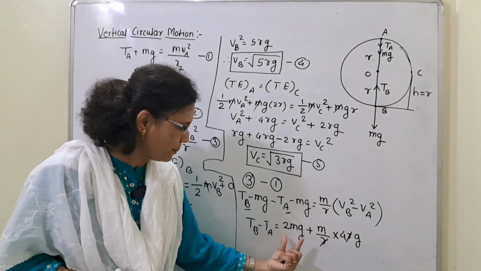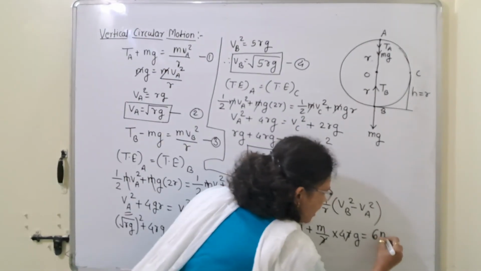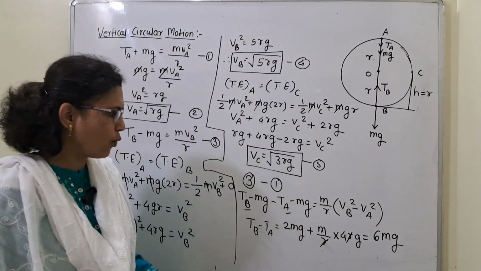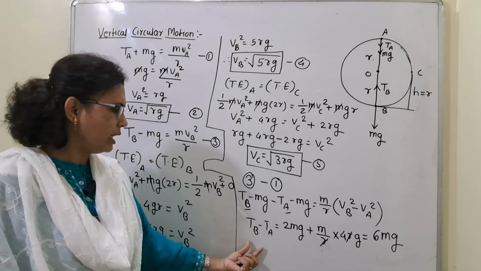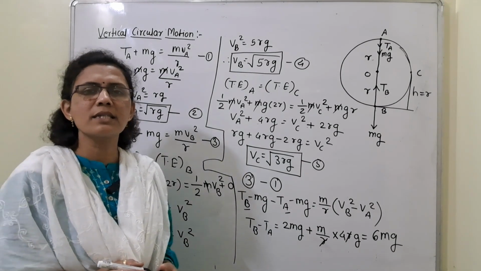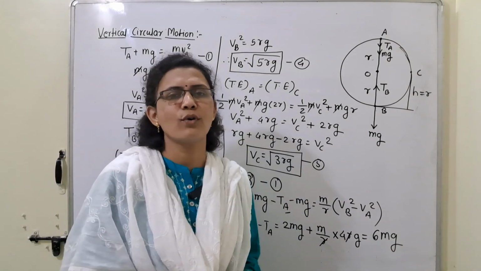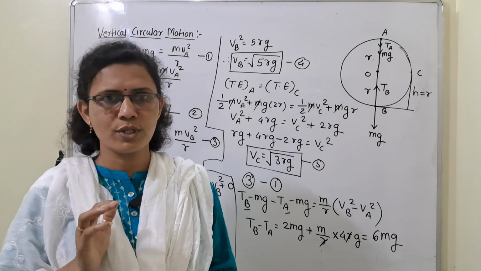This 4mg plus 2mg will be nothing but 6mg. Means what will be the difference between the tension? That will be 6mg. TB minus TA will be equal to 6mg. This is the expression for tension difference between uppermost and lowermost point.